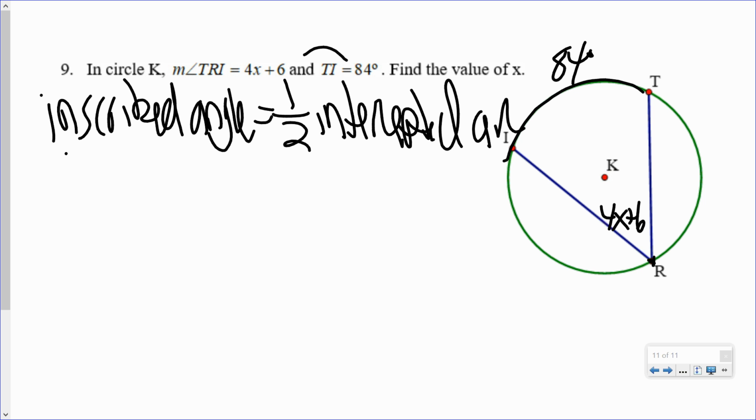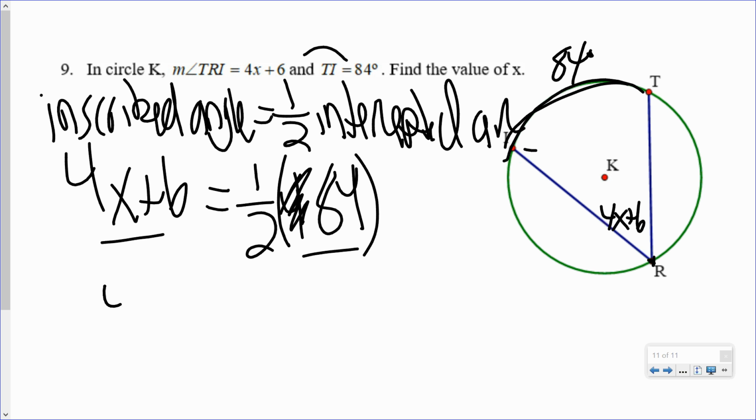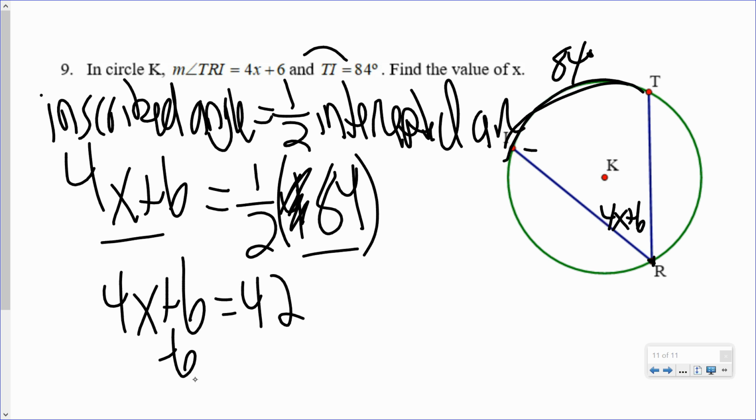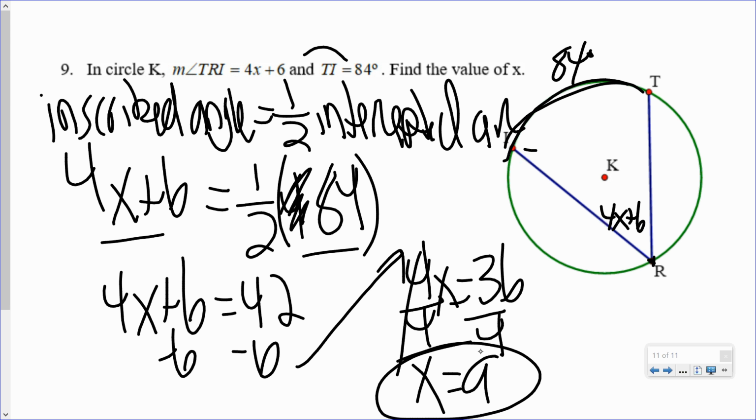So the inscribed angle is 4x plus 6. It's half of the intercepted arc, which is 84. That's how I set it up. All right, the inscribed angle is half of the intercepted arc. So 1/2 times 84 is 42. I do the algebra. X is 9.